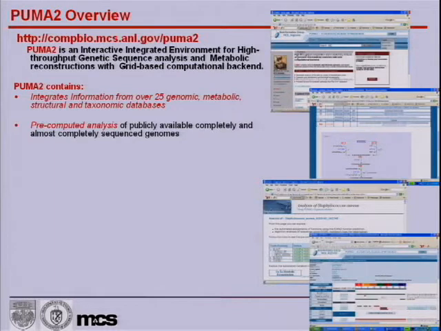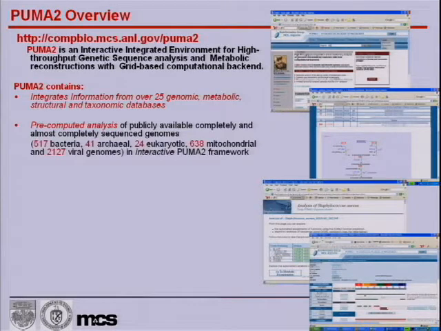Then we are also integrating information from the available metabolic databases, and, for example, structural databases, PDB, and whatever information we can get hold of, we're warehousing it. And I'm repeating this, we're warehousing it instead of doing something more reasonable. And I will complain in the last part of my talk about where we're warehousing it. But it's not enough. This information is not enough for us.